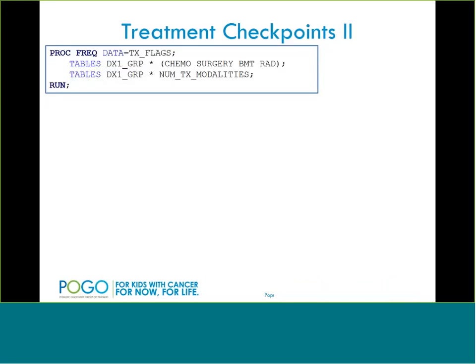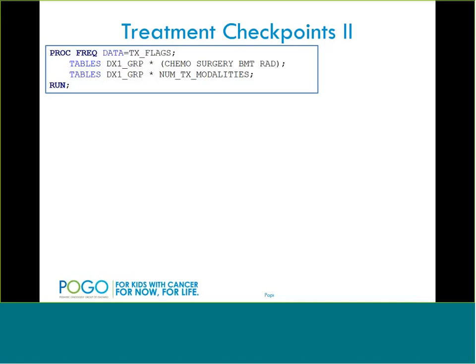So now once I've created these treatment flag variables, I want to see how the data is actually distributed. So I'm telling SAS, I want you to do frequency output on this new data set I just created, and I want you to create a table for me. And this table is going to be diagnosis group, and then with the star, and then I want it by chemo, surgery, BMT, and RAD.